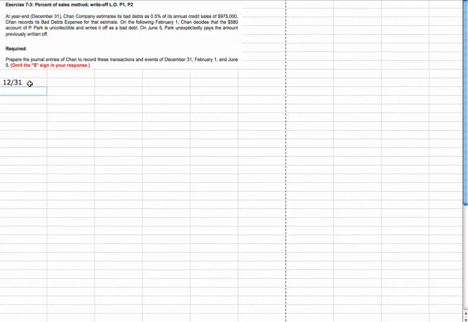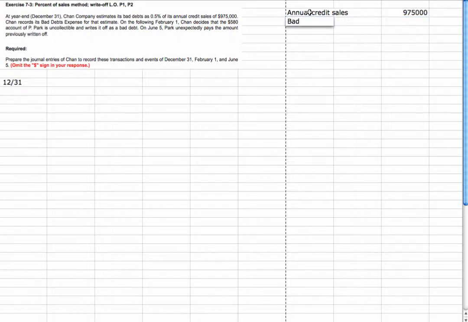Now on December 31st, we need to determine how much our bad debt expense is, based upon this item right here where it says 0.5% of its annual credit sales. So what we have here is that our annual credit sales is $975,000.